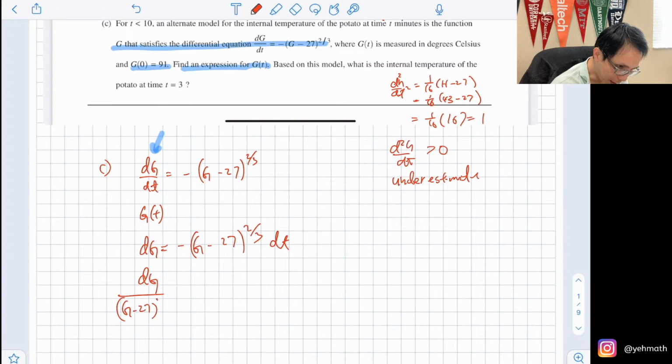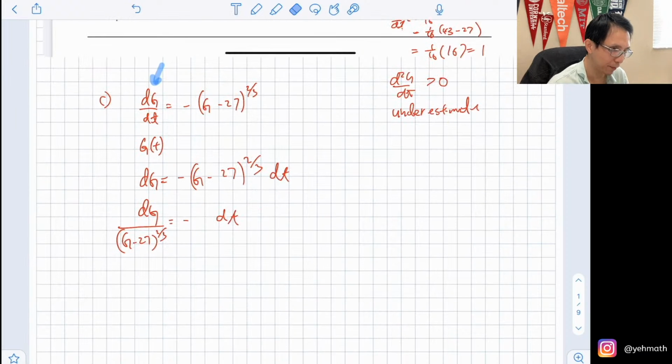I keep the negative sign on the right side just because I don't want to get involved with the negative on the left side. So I'm going to say that's negative 1 dt. That's another hard thing that students cannot see: negative 1 dt. The integration of negative 1 dt is what? Negative t. Does that make sense?